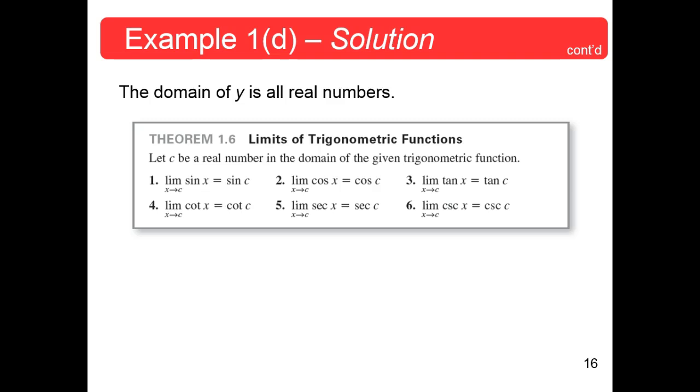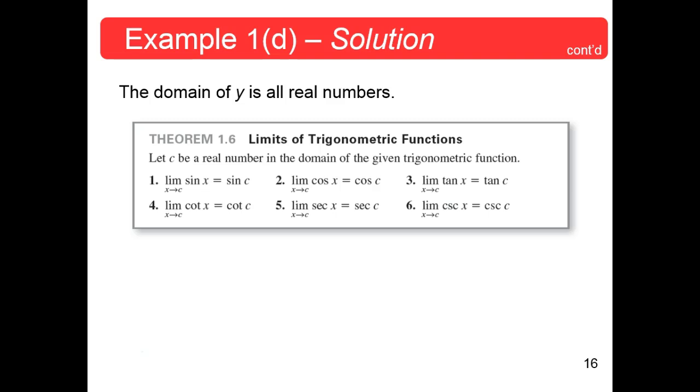Tangent of 0 is 0. It's the half pi's. All the half pi's. Pi over 2, 3 pi over 2, 5 pi over 2, negative pi over 2, negative 3 pi over 2. All your half pi's are not defined, because there your cosine is 0 and tangent is sine over cosine. You can't do it.